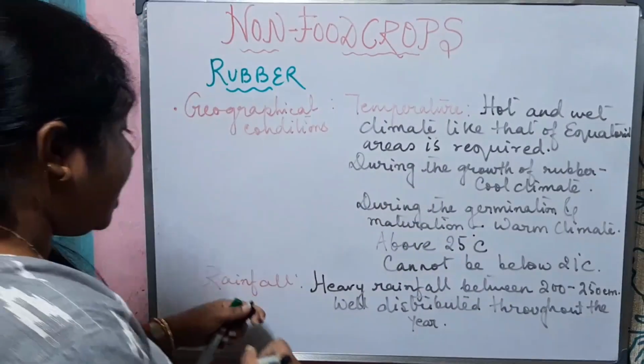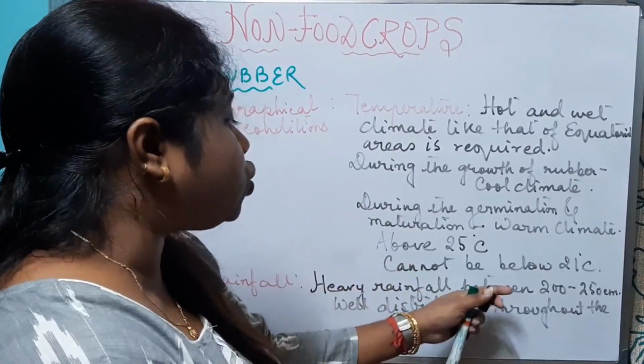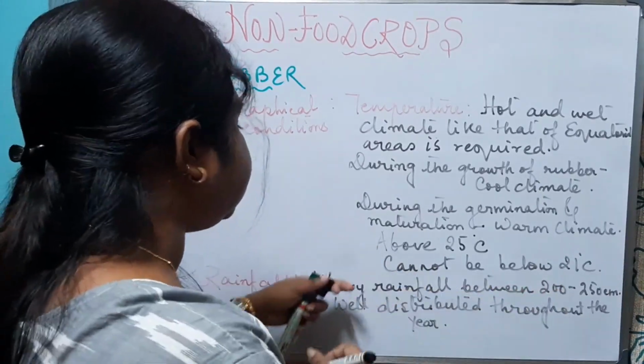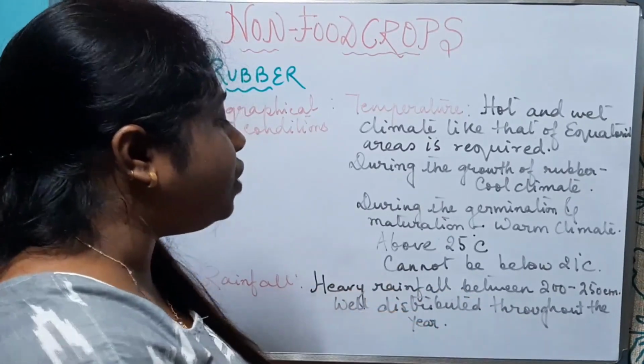That means it requires heavy rainfall, between 200 to 250 centimeters, well distributed throughout the year.